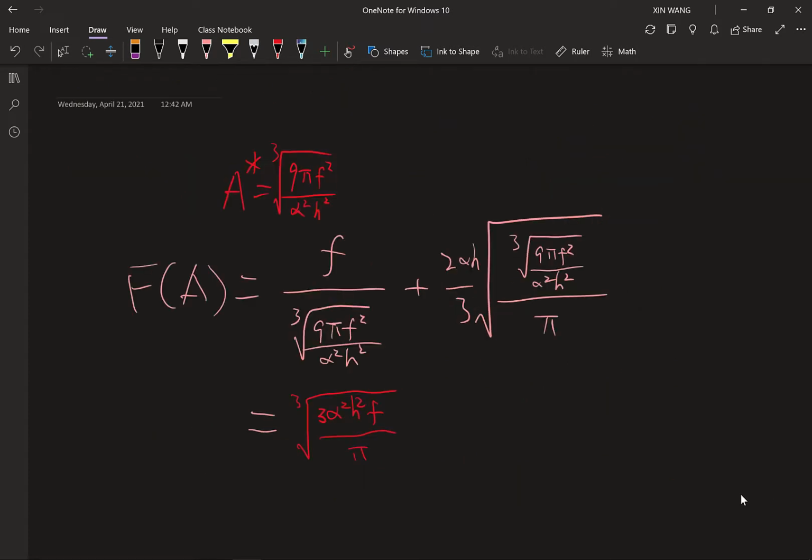We can plug in the optimum surface area for a facility and get the optimum total cost per unit area. You can also see this is very intuitive. When the transportation cost increases, or the demand increases, or the facility cost increases, the total cost will increase. We can also see that the total cost increases faster with the transportation cost and the demand than with the fixed cost.